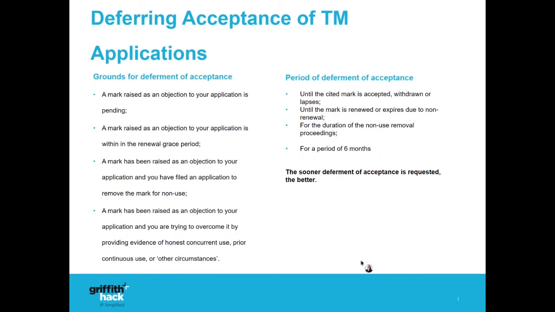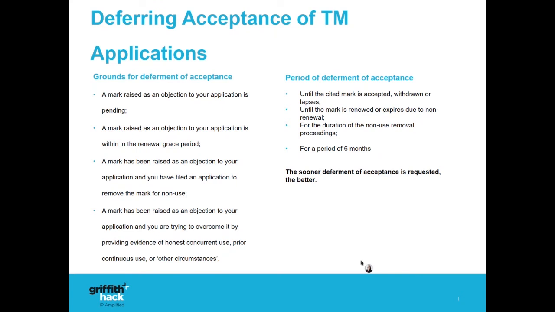If you've filed an application to remove a mark for non-use, a mark that's been cited against your application, it will be deferred for the duration of the non-use removal proceedings. And that's really beneficial because sometimes removal proceedings can go on for quite some time, and you don't want to be in a situation where you need to request extensions of time of your acceptance deadline and incur costs for that.